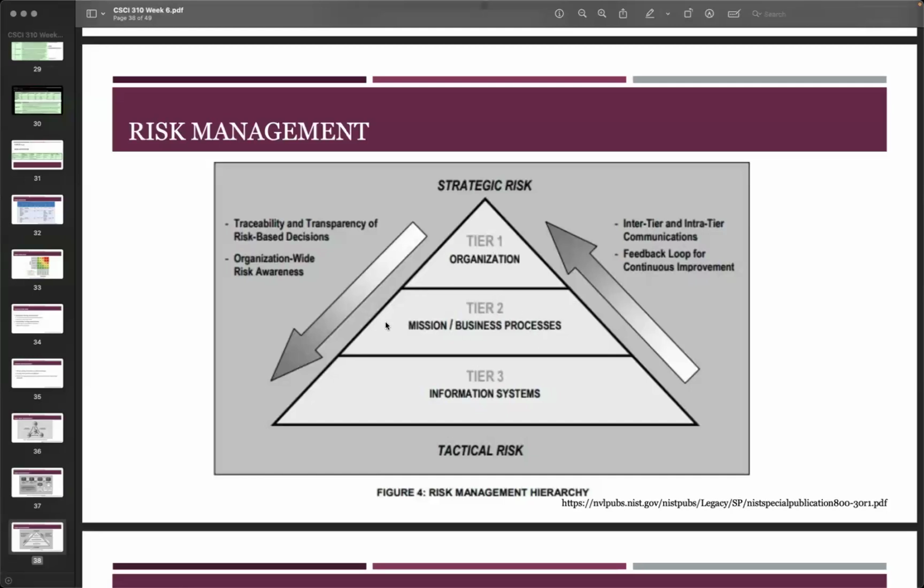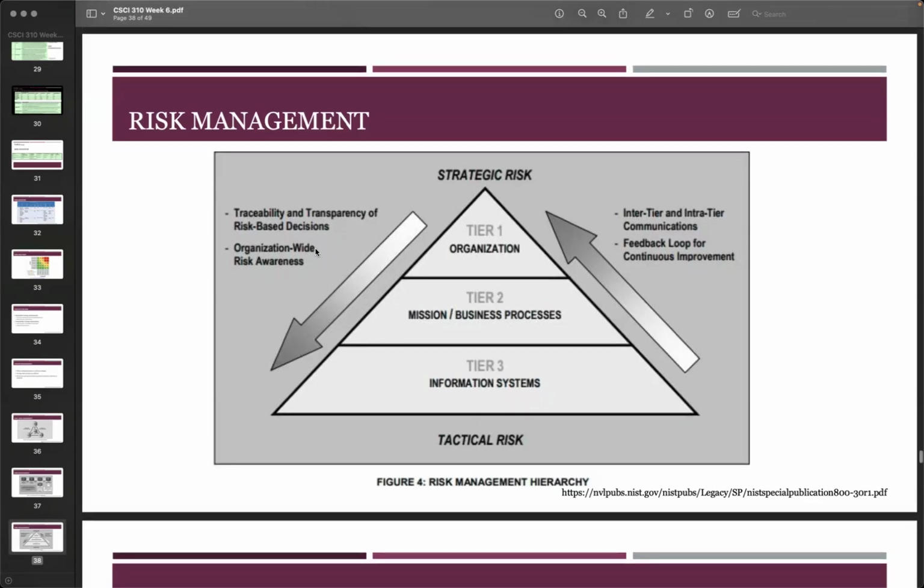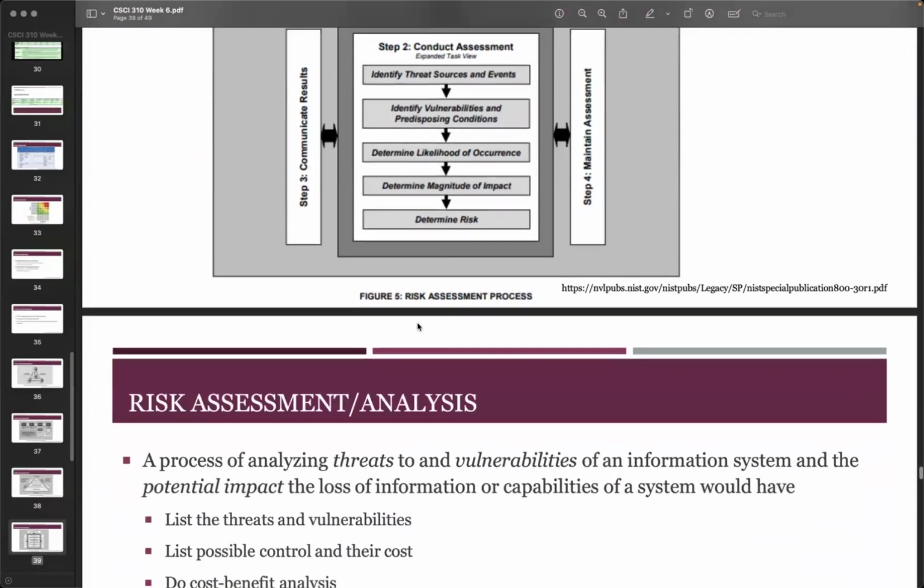We need to put it in, and then we need to have traceability and transparency. So for all the risk-based decisions, we should have a document, able to trace, a traceability, list everything we said. Okay. And also the organization's risk awareness, just note.